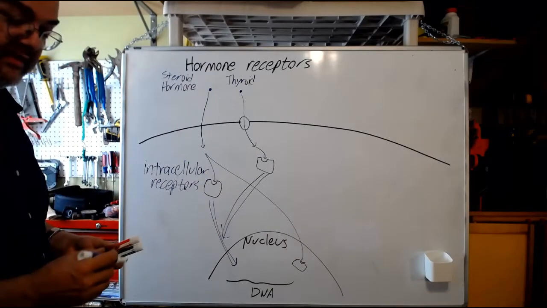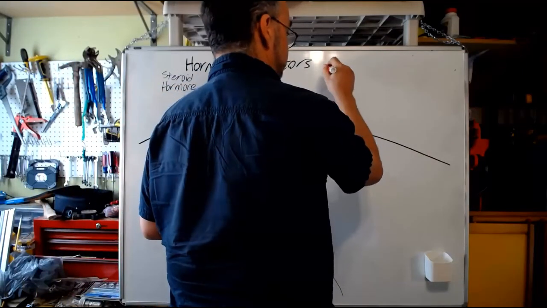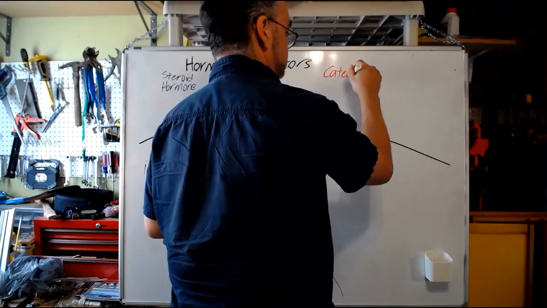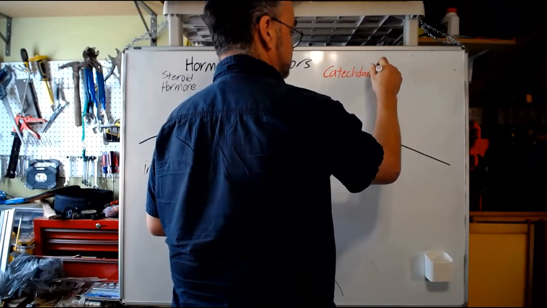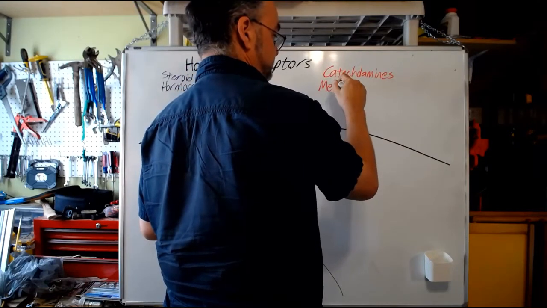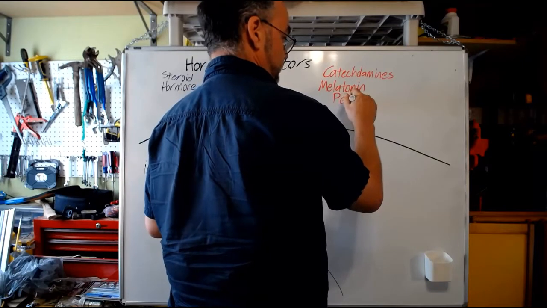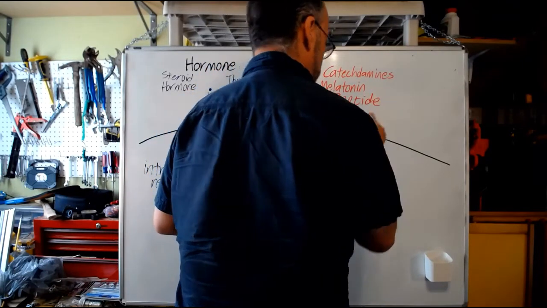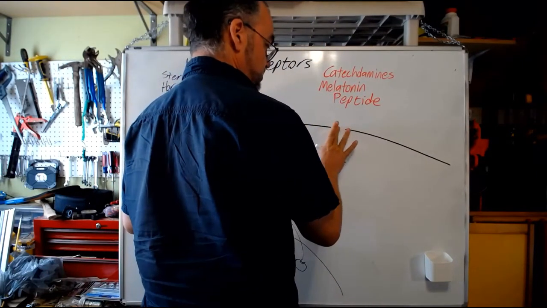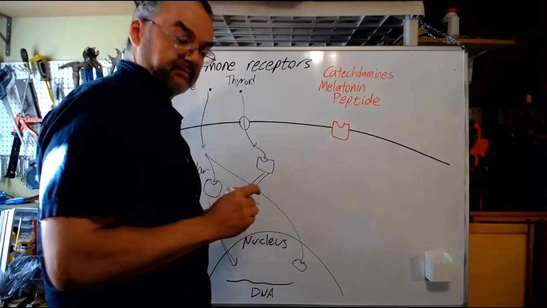Intra meaning within. Other hormones like catecholamines, as it turns out, melatonin, and almost all peptide hormones, those usually use cell surface receptors.